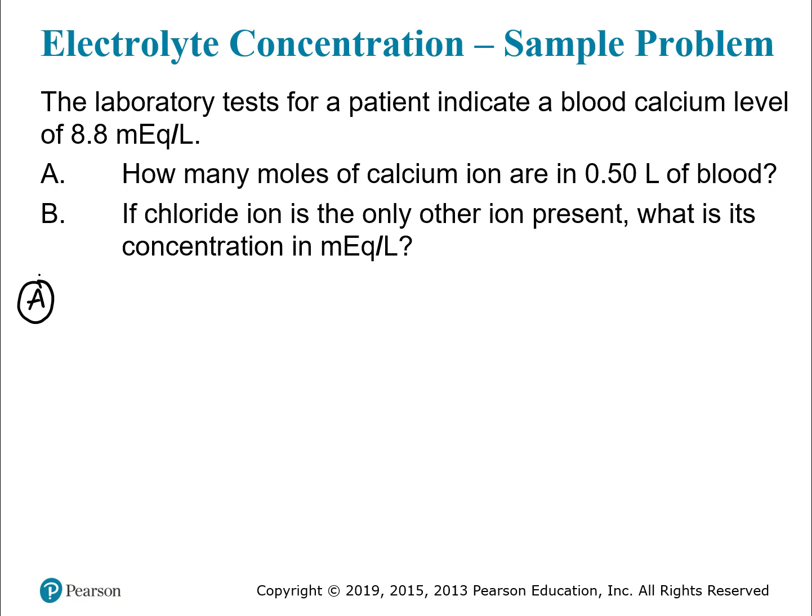First thing we have to do is figure out how many milliequivalents we have in 0.50 liters of blood. We can write that concentration like a conversion factor.